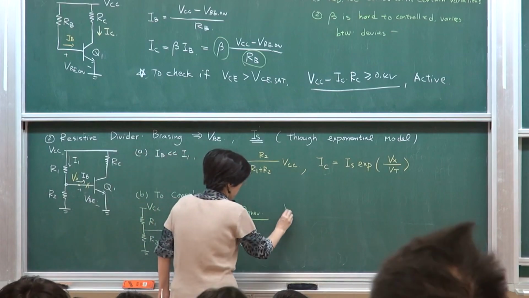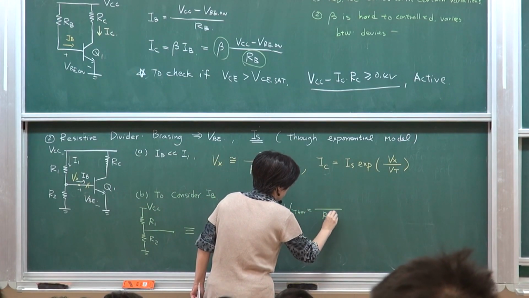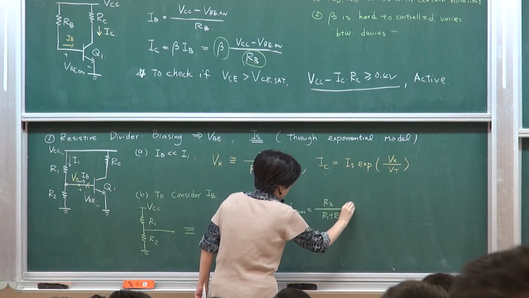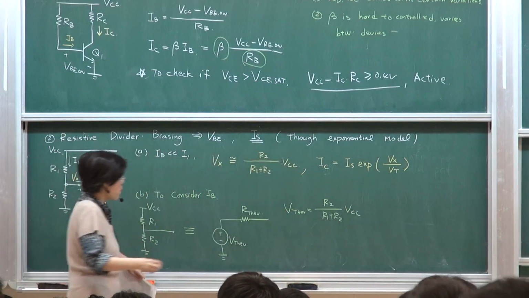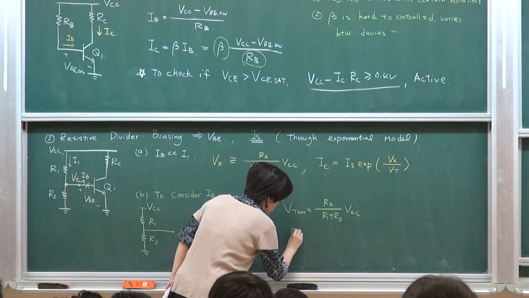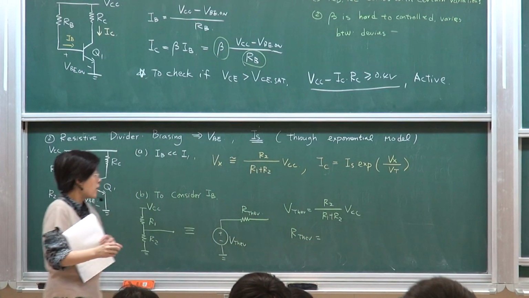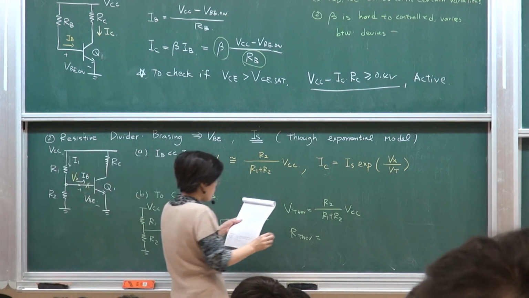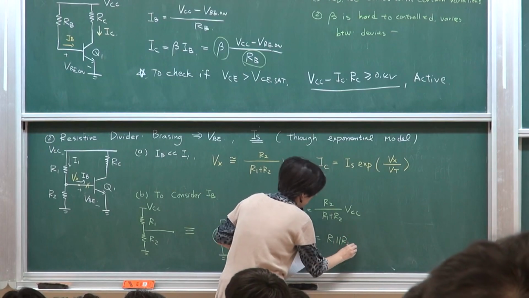What's VT? It will simply be R2 over R1 plus R2 times VCC. And RT will simply be the parallel of the two. Go back to our guidelines for finding Thevenin equivalent circuits. RT will simply be R1 parallel R2. Okay?